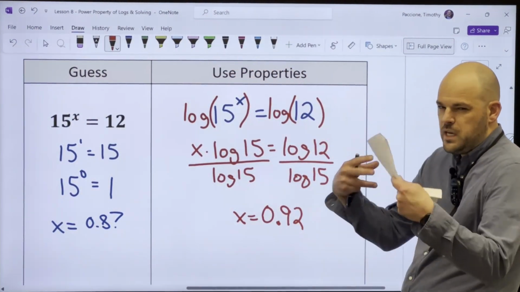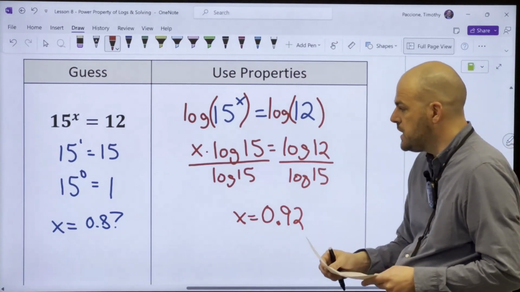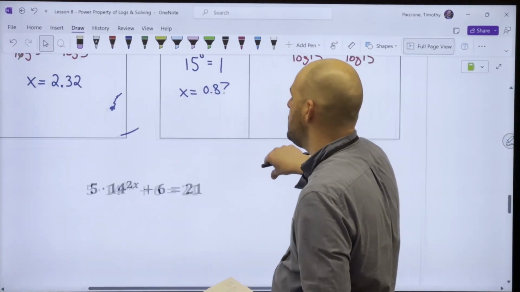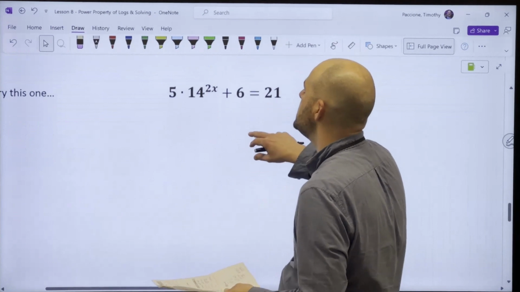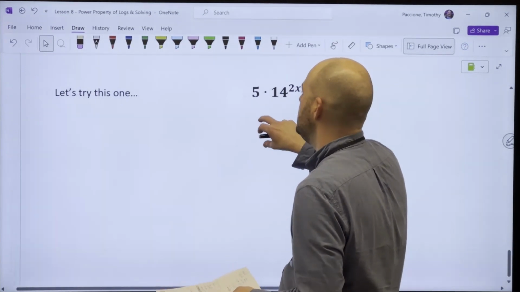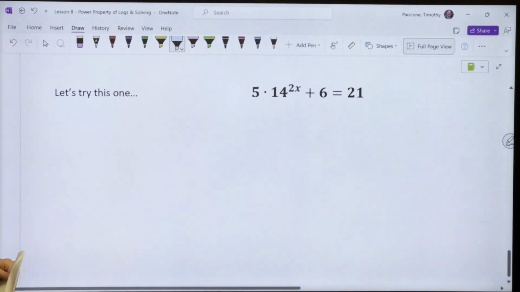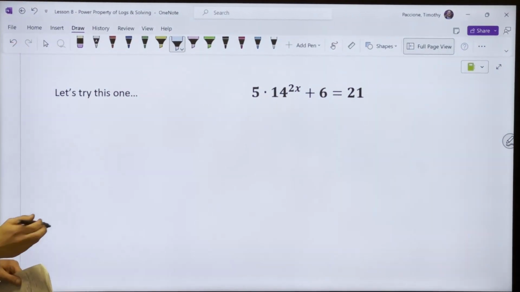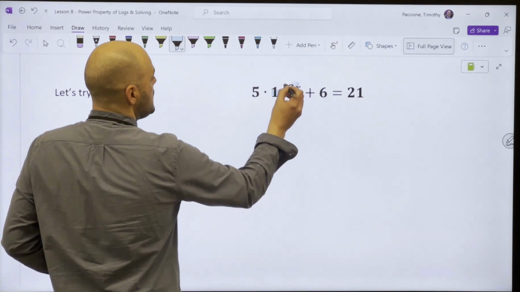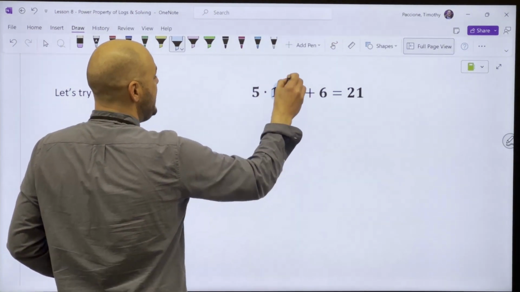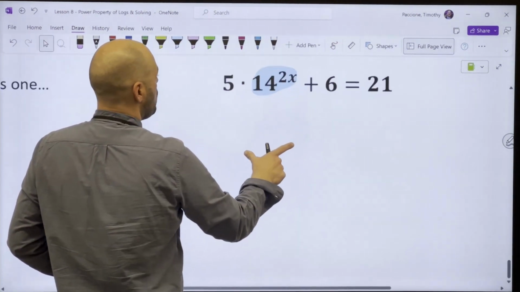Ready for the only other level to these, right? Because we haven't had to do step 1 yet, but now we will. Step 1 said isolate the part that has x in the exponent. So what is the full part that has x in the exponent? 14 to the 2x. Yep, it's this whole exponential expression. So we need to get that by itself, right?